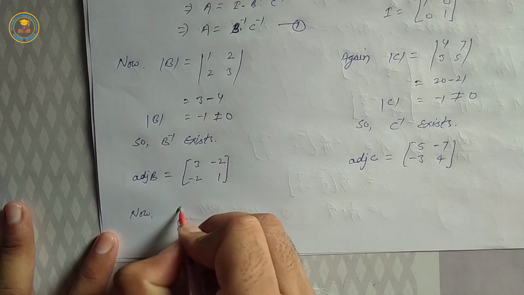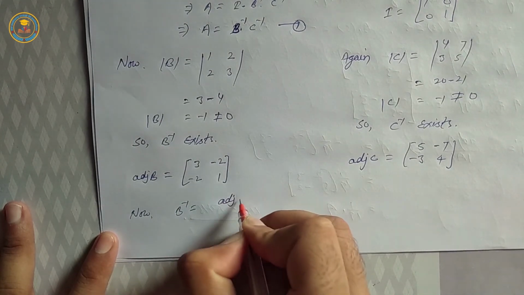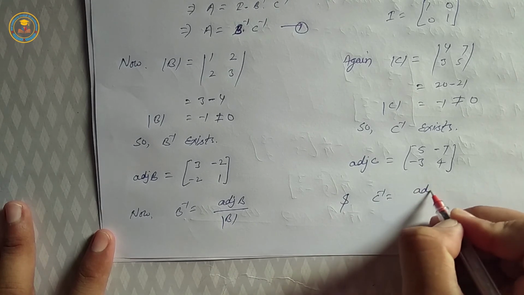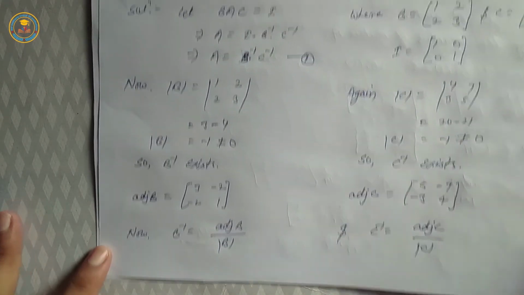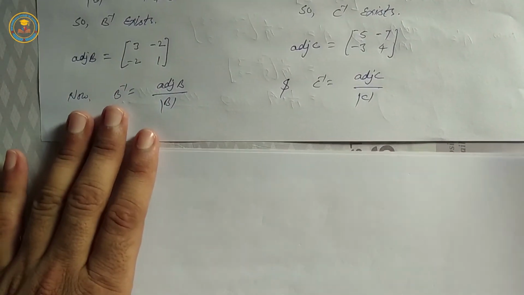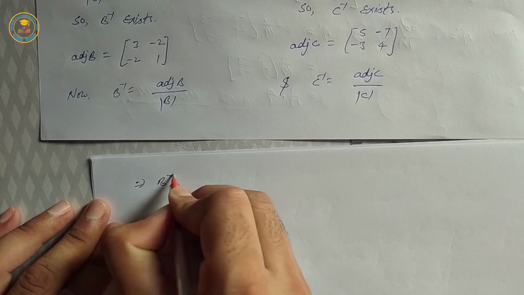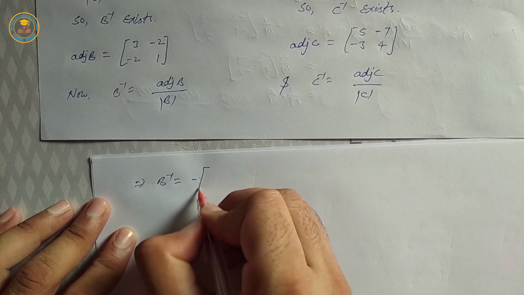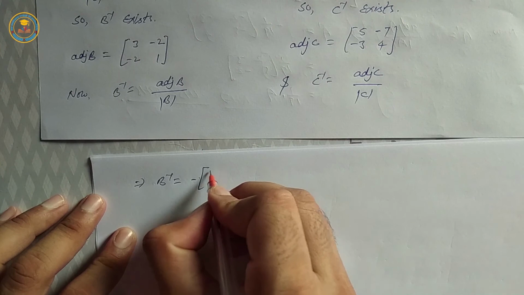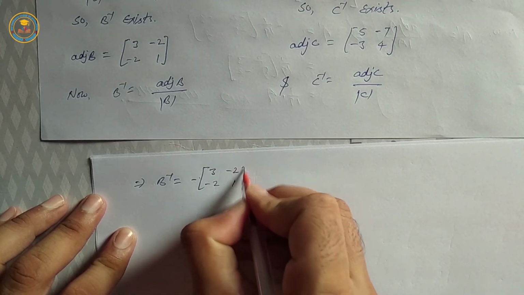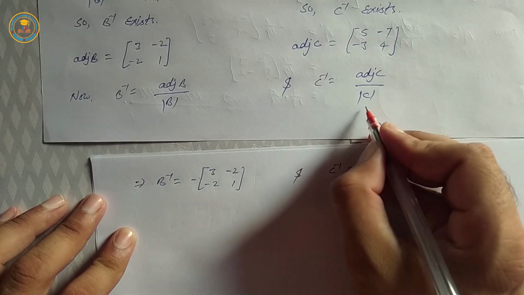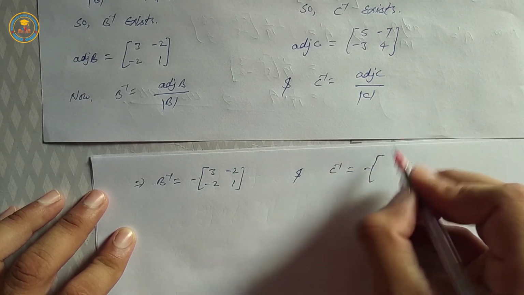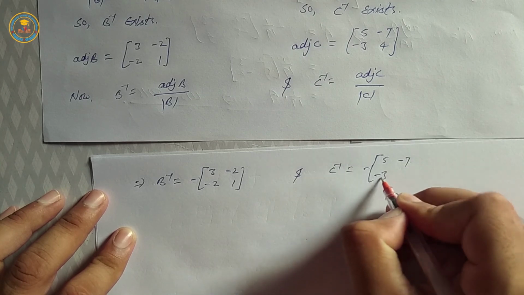Now B inverse is equal to adjoint B upon determinant B, and C inverse is equal to adjoint C upon determinant C. Implies B inverse is equal to minus 1 upon 1, it means minus, into adjoint B, 3, -2, -2, 1, and C inverse is equal to adjoint C upon determinant C, minus 1, it means minus, into adjoint C, 5, -7, -3, 4.